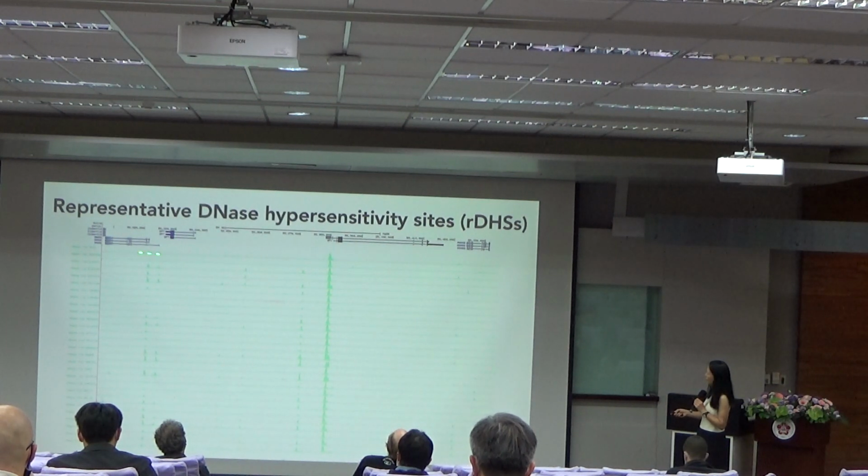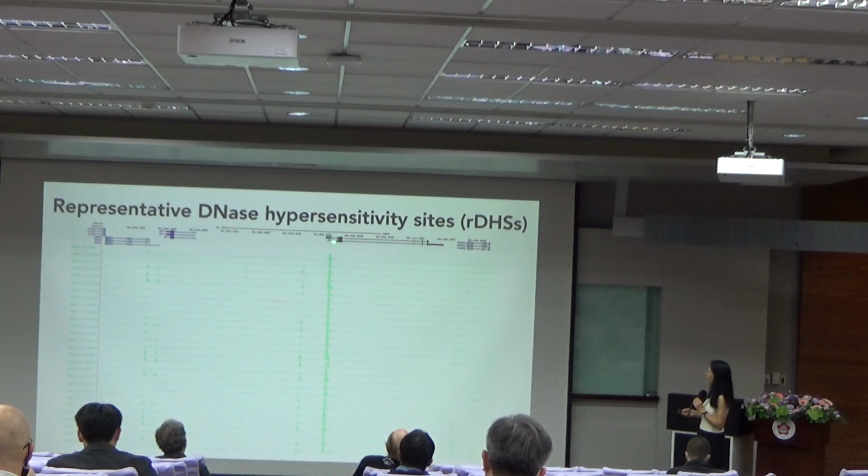So you can see that here, every track is a different biosample, and there are maybe 20 biosamples here, and you see the DNase hypersensitive sites line up pretty straight along the genomic coordinates.